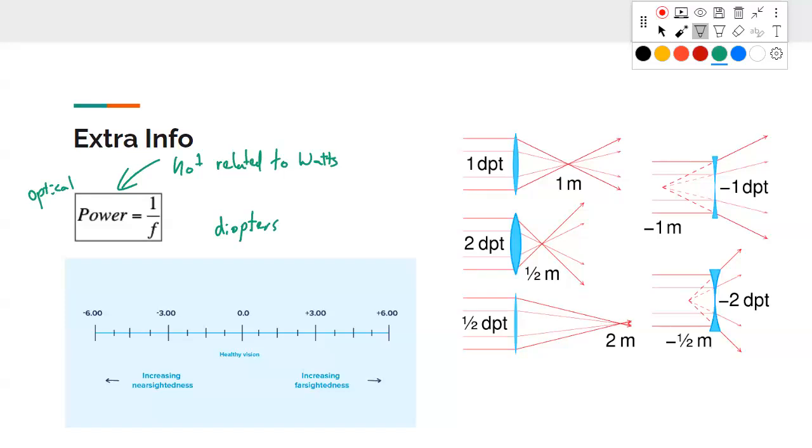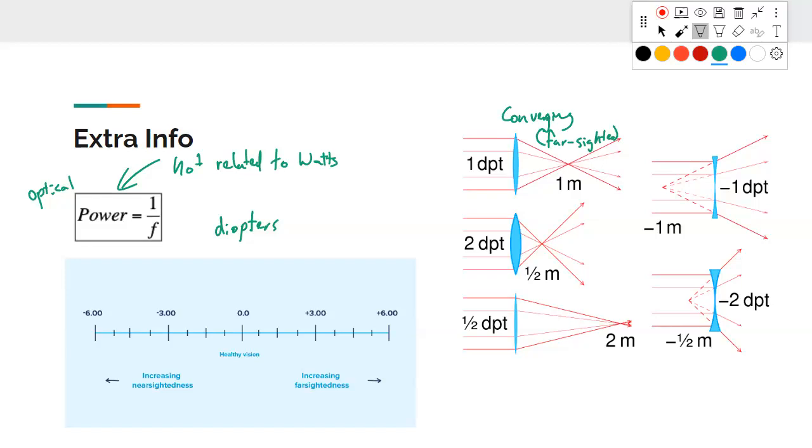What's happening is they're actually telling you the power of the lens you need in your glasses in order to correct your vision. We'll talk in more detail about this. If you have a converging lens, which is what you would wear if you're farsighted, then that lens is focusing the light at a closer point, and it has a real image associated with it.